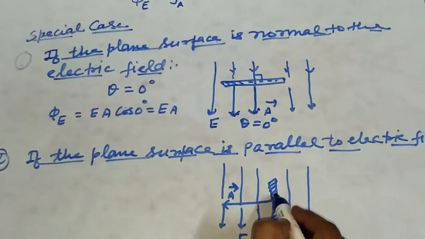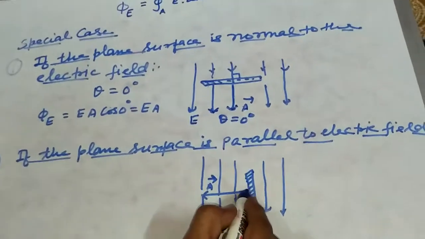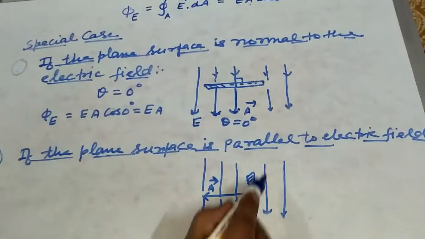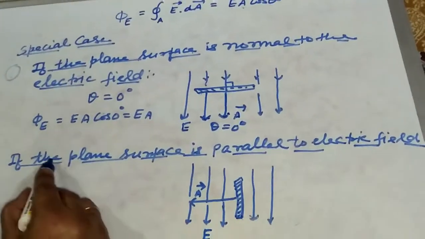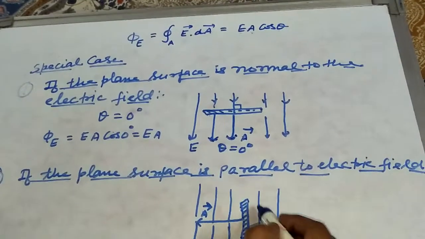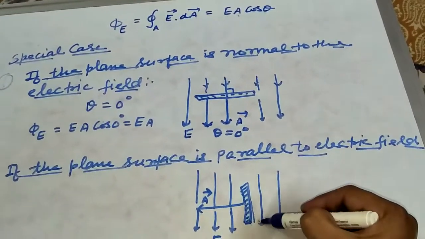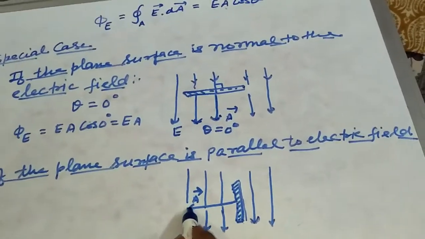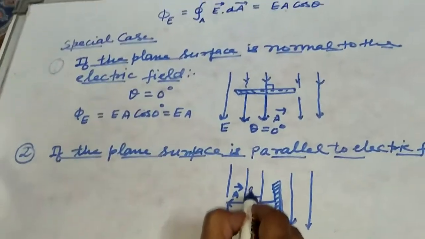Again you take that umbrella like this, and suppose the umbrella is rotated like this. Now you see this surface of the umbrella is parallel to the electric field E. It means the plane surface is parallel to the electric field. But the area vector of this umbrella makes what angle with the electric field? 90 degrees.